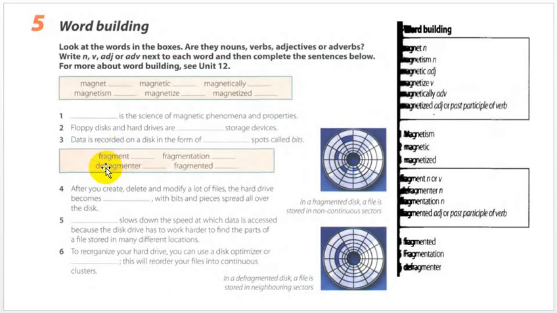Fragment is a noun and a verb, and fragmenter is a noun. Fragmentation is also a noun, and fragmented is the past participle, and it is used as an adjective. After you create, delete, and modify a lot of files, the hard drive becomes fragmented, with bits and pieces spread all over the disk.